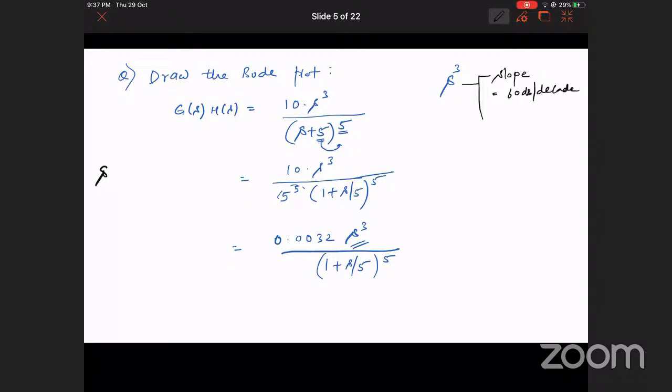Please remember, s to the power n term gives you n times 20 decibel per decade, and 1 upon s to the power n introduces minus n times 20 decibel per decade. Please don't ever forget that, okay?